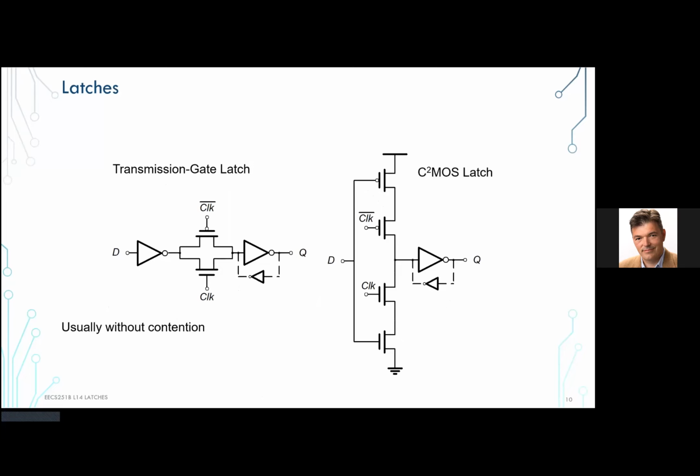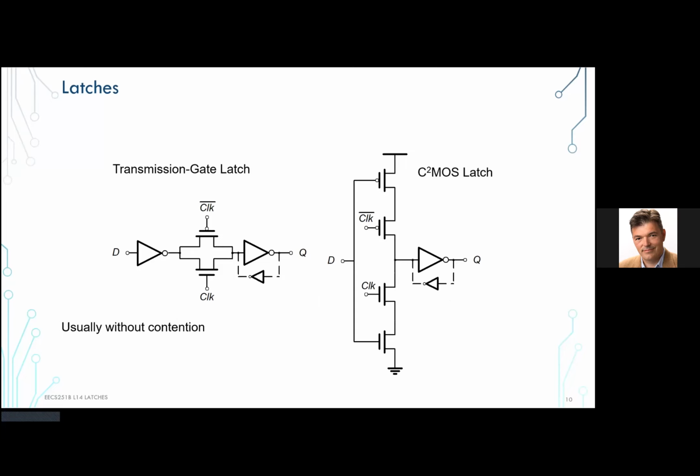So let's try to find out how these latches look like, and how do we analyze them? How do we find their output delays and setup times? In general, the way we design them is by combining some transmission gate structures and some C-squared MOS structures.